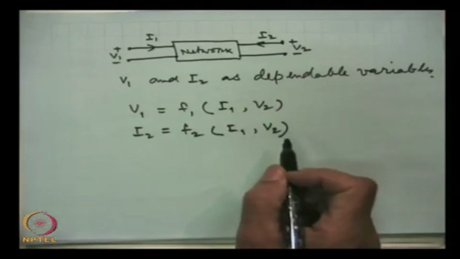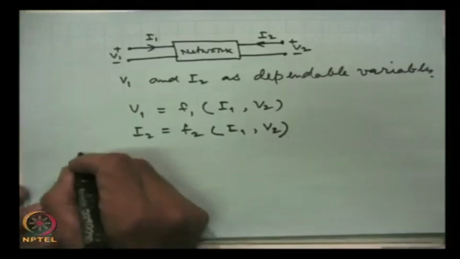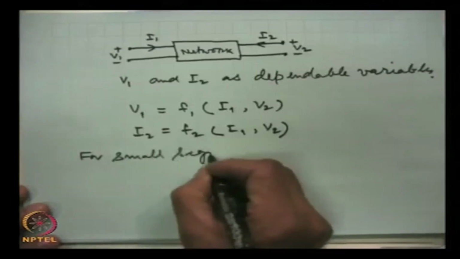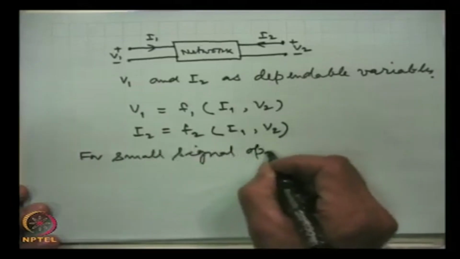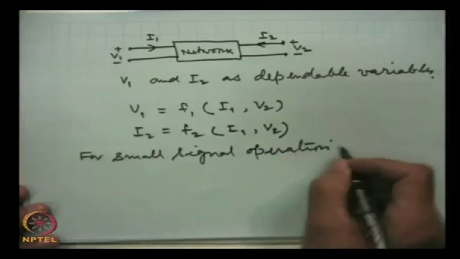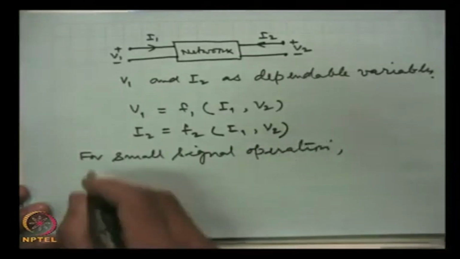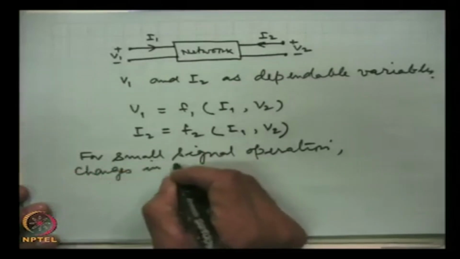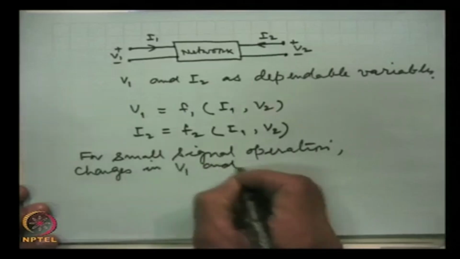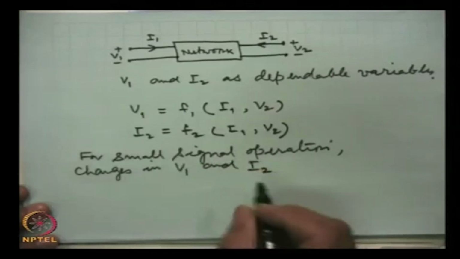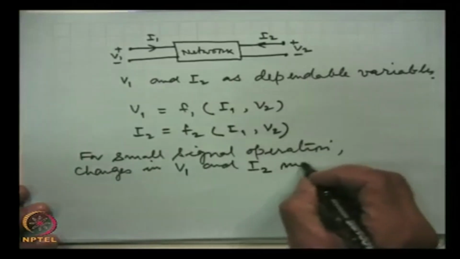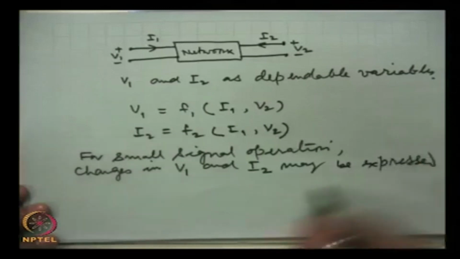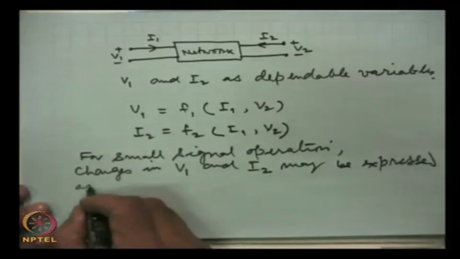For a small signal operation, changes in the voltage V1 and current I2 may be expressed as total differentials.